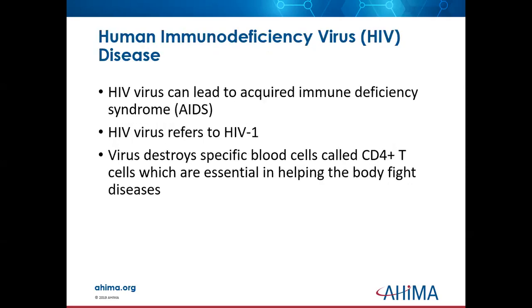In terms of HIV, human immunodeficiency virus disease, HIV disease can lead to the acquired immune deficiency syndrome, otherwise known as AIDS. The HIV virus and the HIV-1 virus are basically the same thing. This is what we're talking about. And what this virus does is wreak havoc on the immune system by destroying the CD4 T cells that are used to help fight infection.